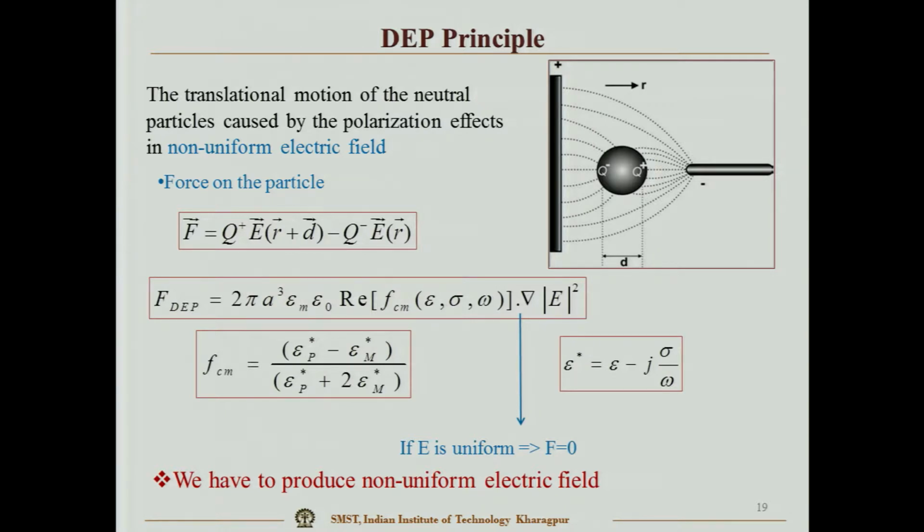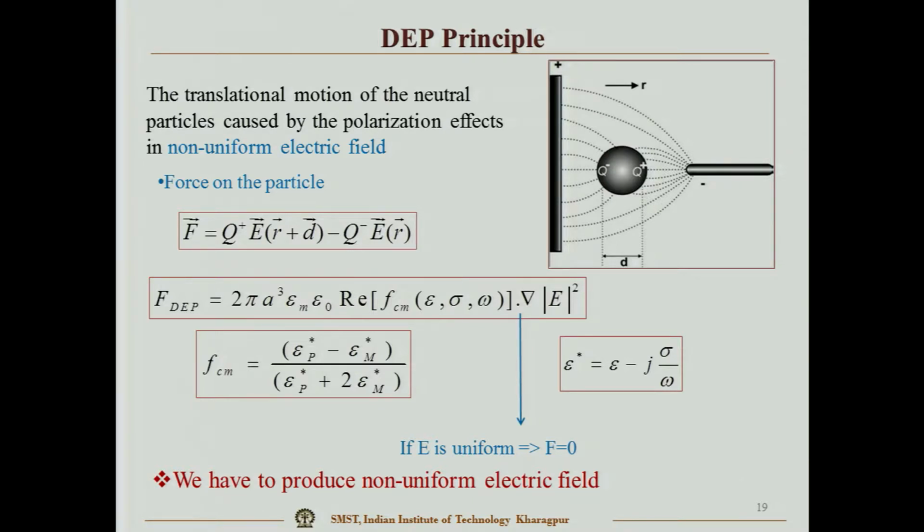So, if you calculate, the total force will be equal to q into E and minus this, and finally, the dielectrophoresis force will be equal to this formula. Total formula is this. Here you can see that A is there, where A means the radius of the particle.